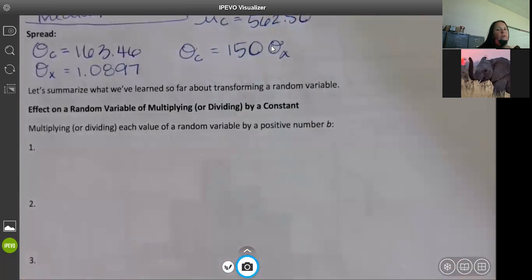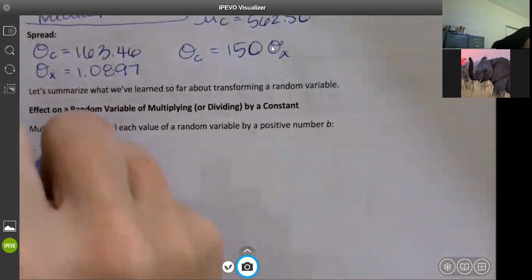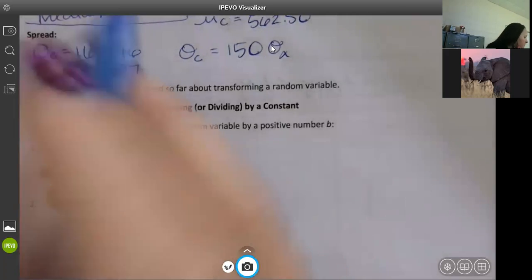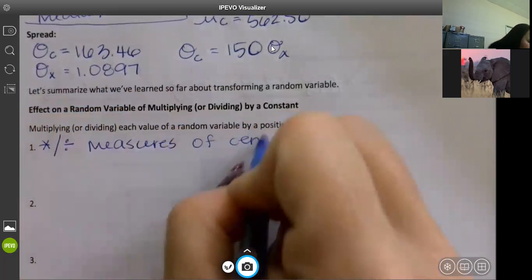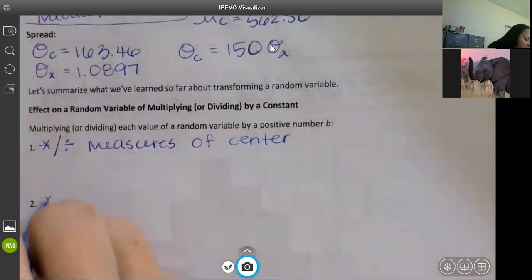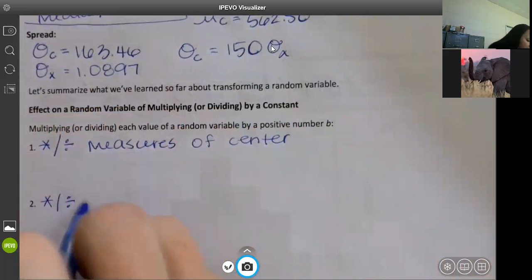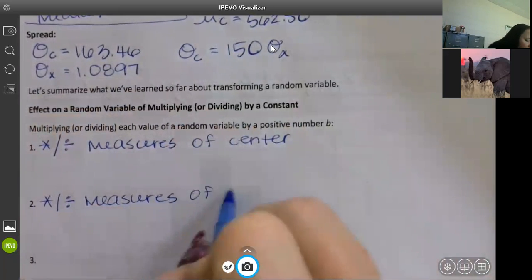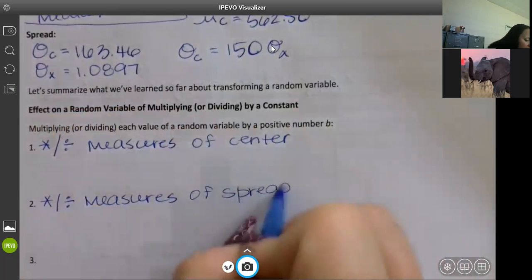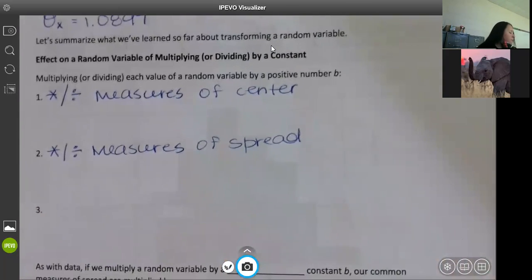All right, so let's summarize what we've learned so far about transforming random variables. The same thing, just going over it one more time. What does multiply and divide affect? It affects measures of center, measures of spread, and remember that center and location.